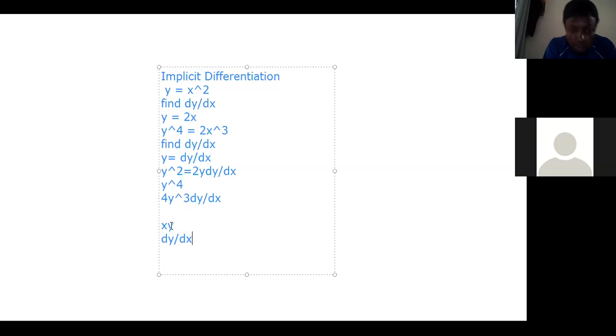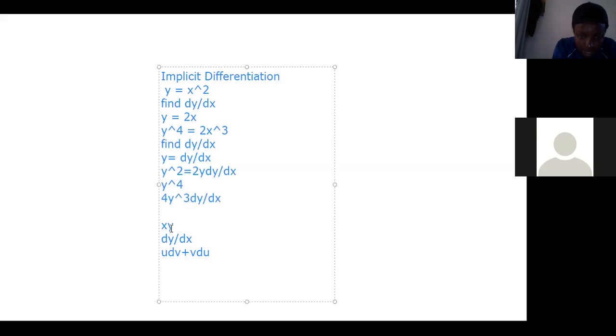And anytime you get a product, then because there are 2 variables, we use the product rule. And the product rule states that dy/dx is u dv plus v du. I hope this is the product rule. Yes, sir.